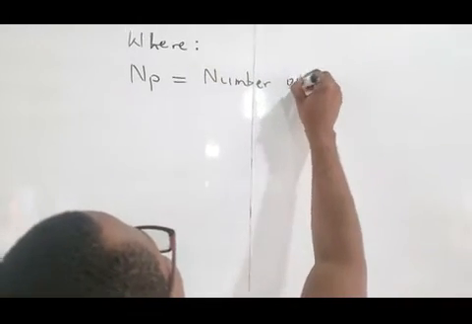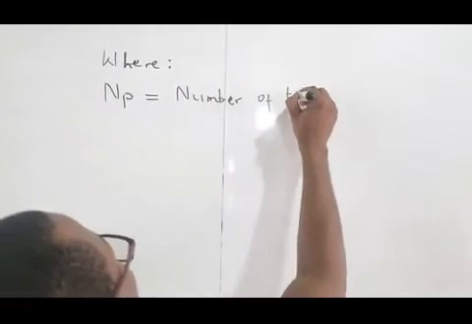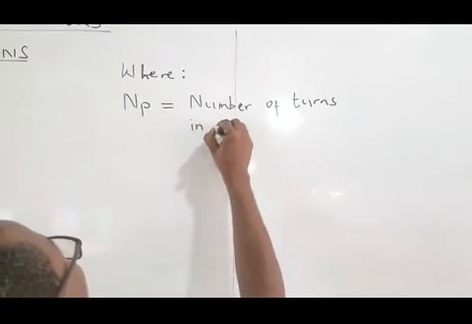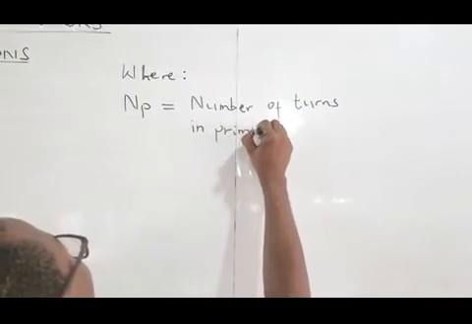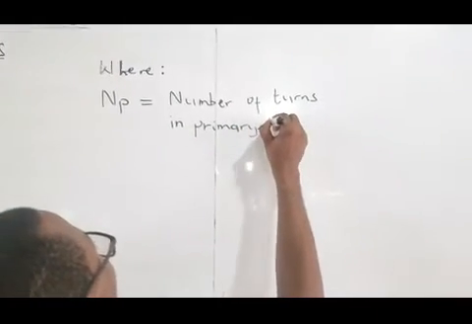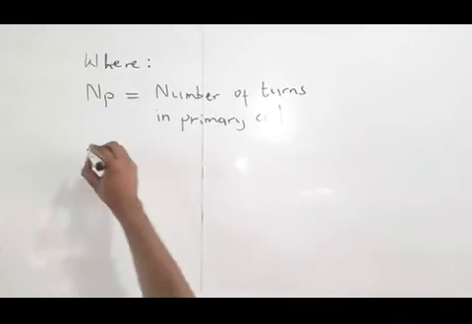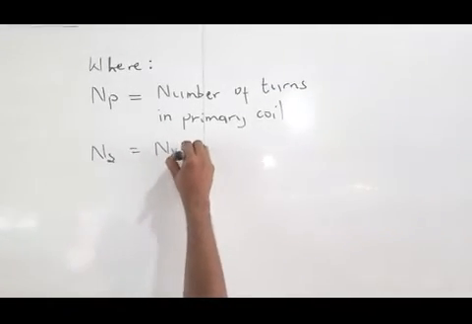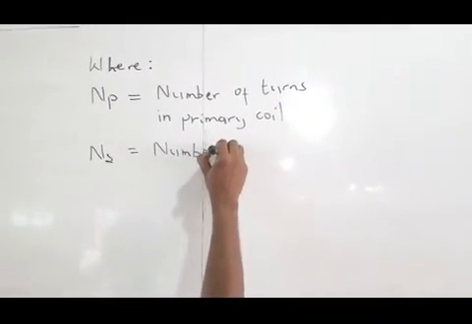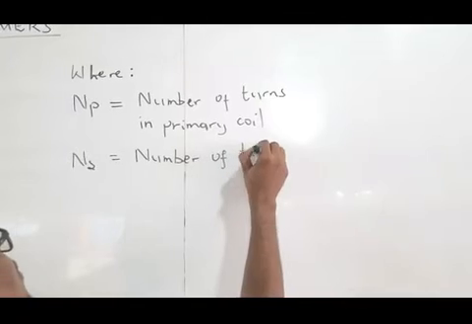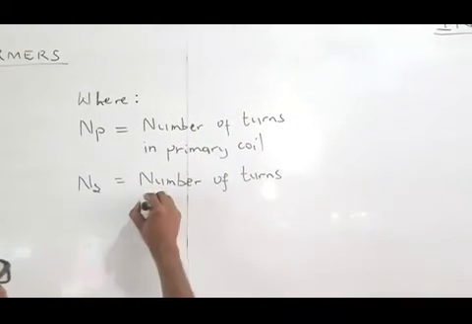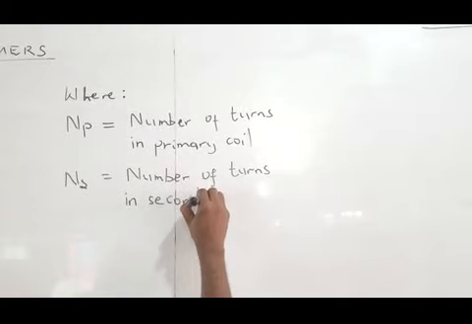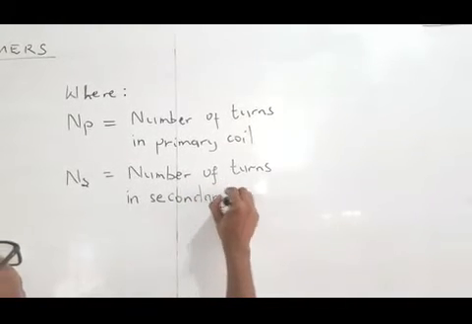Your NP is equal to the number of turns in the primary core, and then NS is equal to the number of turns in the secondary core.